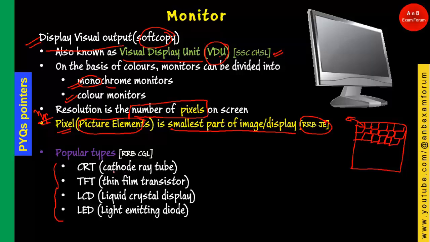Cathode rays were used for displaying the image in CRT, which is cathode ray tube. TFT is thin film transistors, LCD is liquid crystal display and LED is light emitting diode. All these have different technologies to display the image on the screen. These are the commonly used monitors.